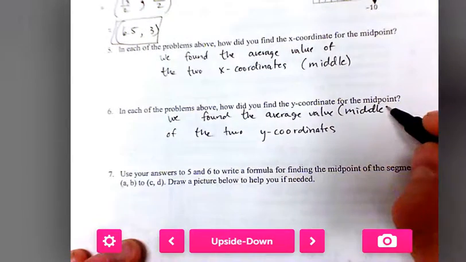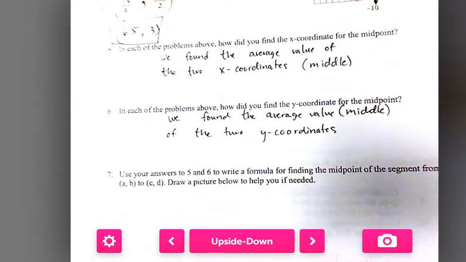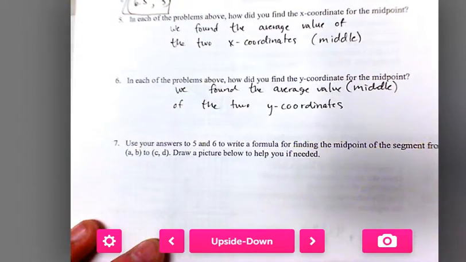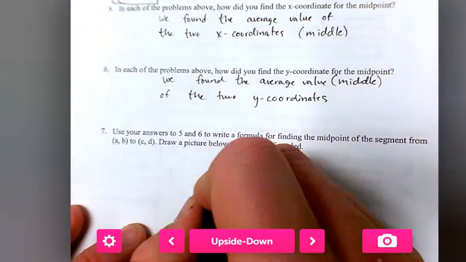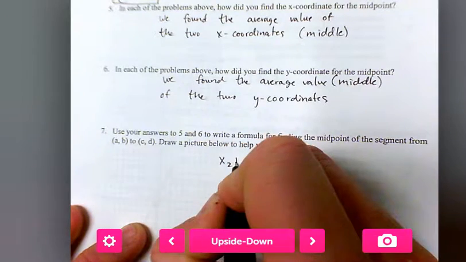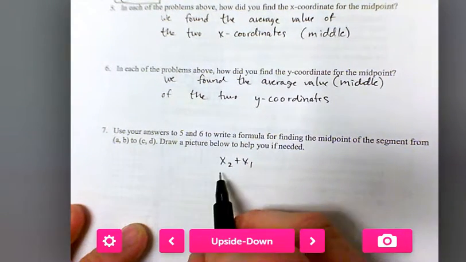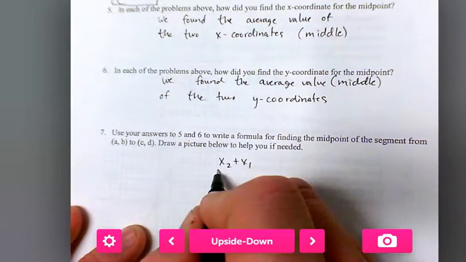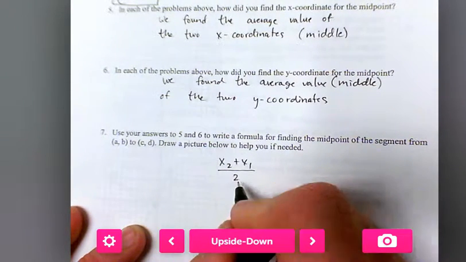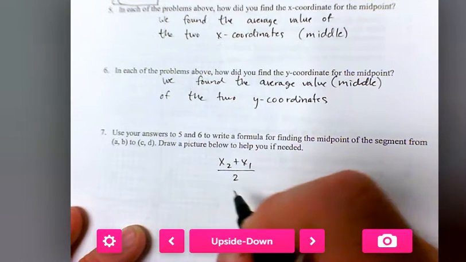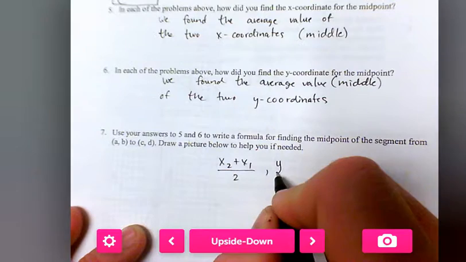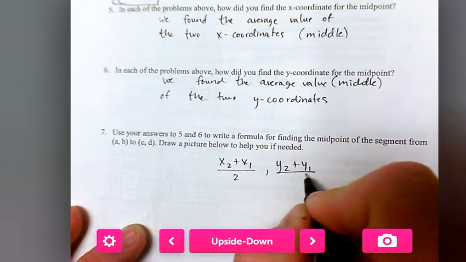So this wanted us to discover the formula, but we can just write it out as x1 plus x2. So I'm going to try to keep number 5 in there. And so the formula is x2 plus x1. Now if you put x1 plus x2, that's fine too, because addition is commutative, so it can go either way. Good. (x1 plus x2 over 2, comma, y2 plus y1 over 2).